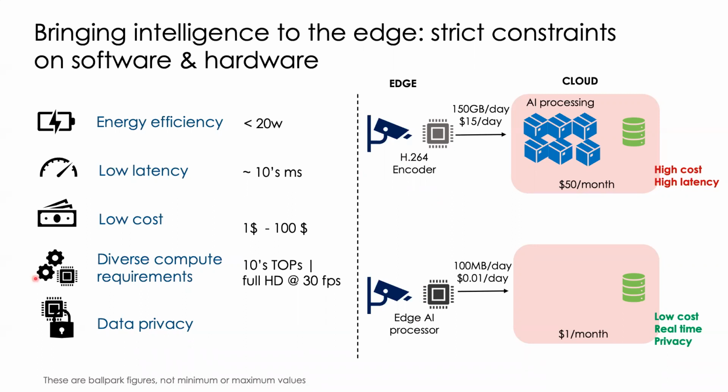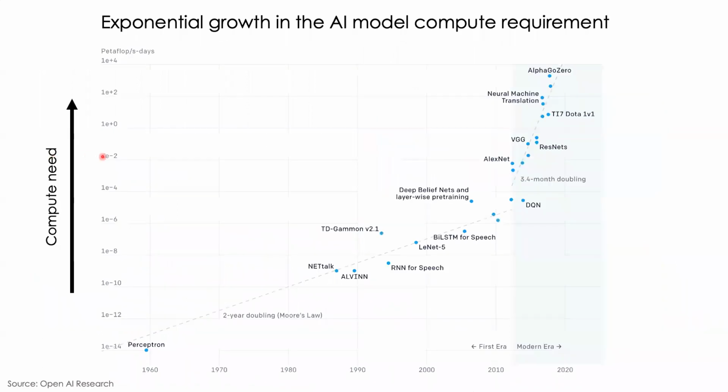However, if I now want to bring machine learning and AI to these devices, there are still further challenges, not only these strict constraints, but also the challenge of the compute required for today's generation of deep learning, which is something that we have to bear.